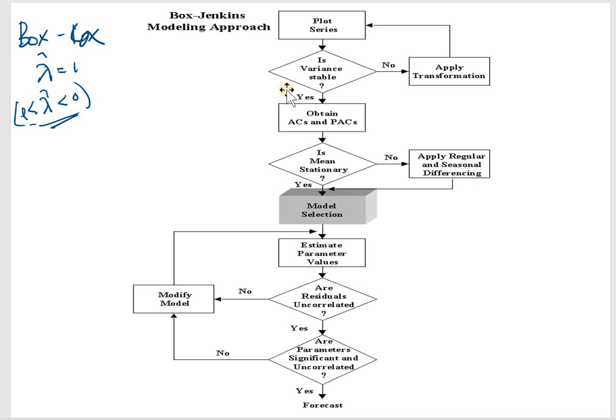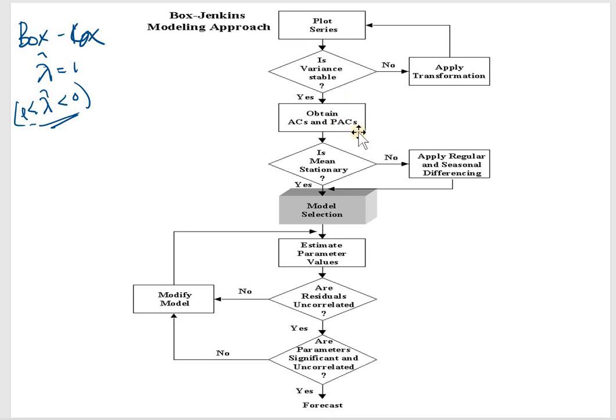If not, we will transform the data based on the value of lambda. There are several types of transformation that we learned in the previous chapter, so that is where we can apply the transformation.